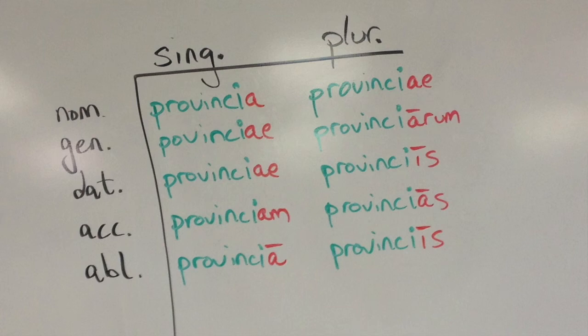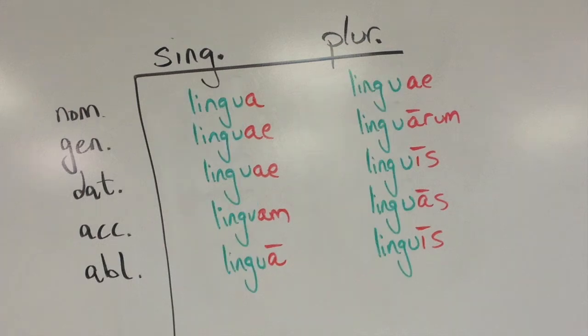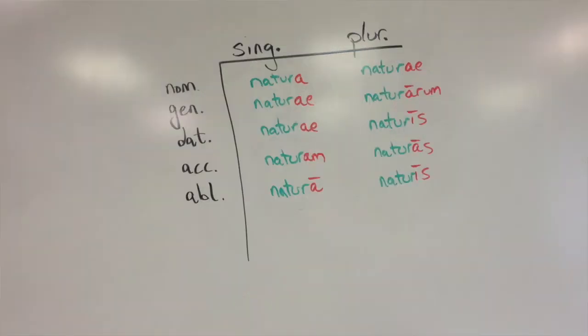Provincias, provinciis. For lingua, we should get lingua, linguae, linguae, linguam, lingua. And then in the plural, linguae, linguarum, linguis, linguas, linguis. And then finally, we would get natura, naturae, naturae, naturam, natura, naturae, naturarum, naturis, naturas, naturis.